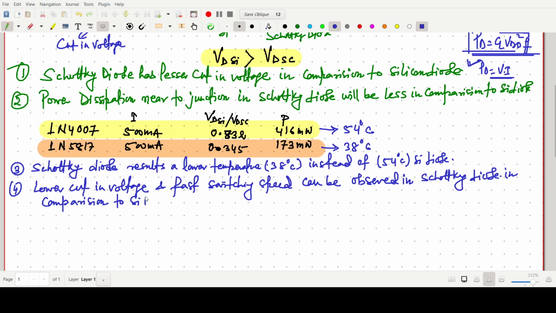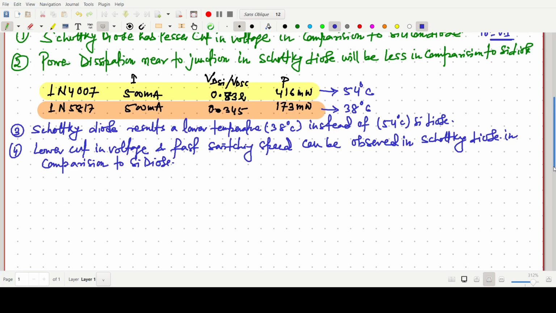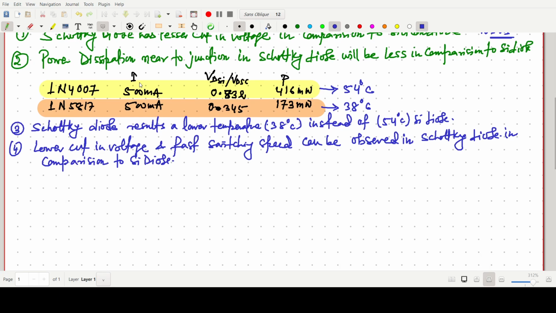We have already written lower cut-in voltage in the first point, so we can write fast switching speed observed in Schottky diode in comparison to silicon diode. What does it mean? For example, we have a half wave rectifier.